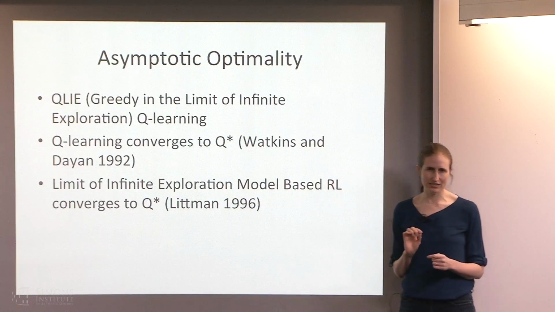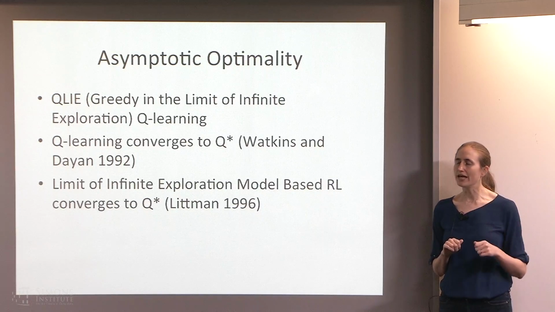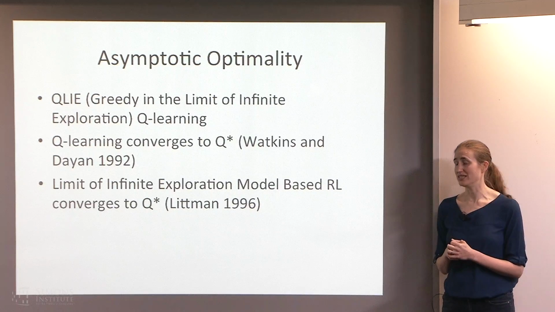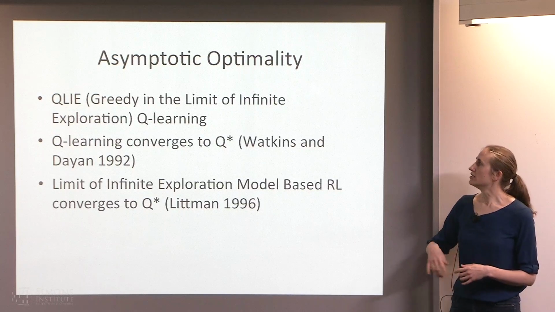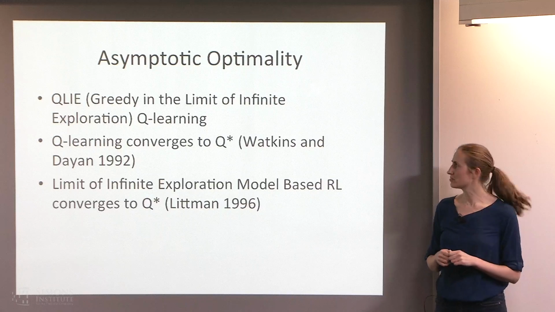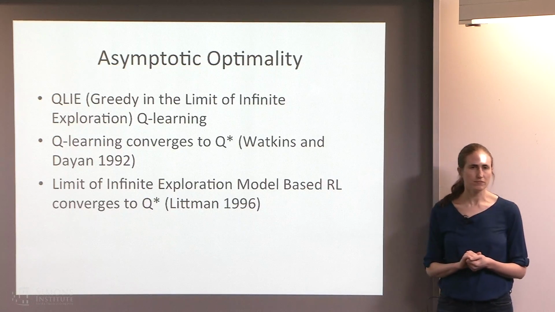What that means is that if we think of something like epsilon-greedy, then we decay our epsilon parameter, which is used to make a random decision instead of the greedy optimal decision given our data so far. So if we continue to explore forever, but decay the rate at which we do that exploration, then we can guarantee that Q-learning converges to Q star.